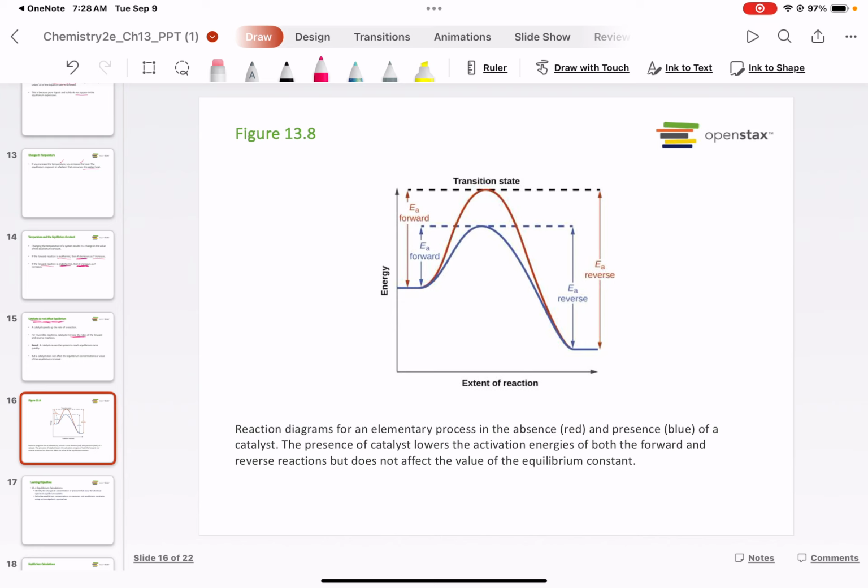So the catalyst lowers the energy barrier, and so the reaction will go faster.